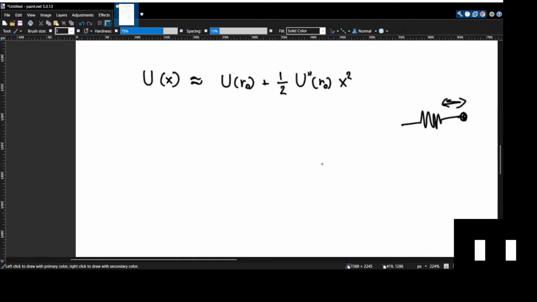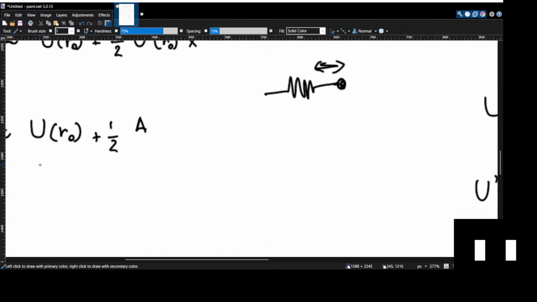Therefore, at the point of equilibrium, you can approximate the potential to be approximately U of r naught plus 1/2 times 2a over s squared times x squared.